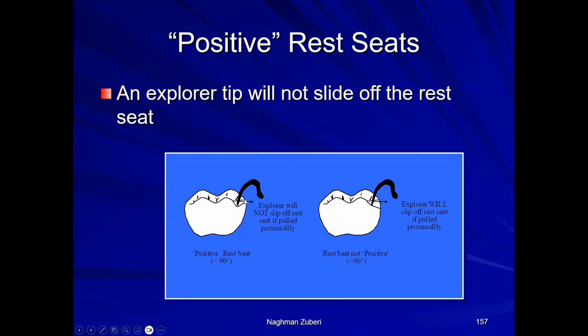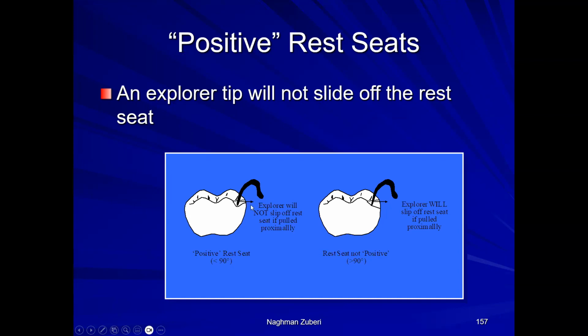I told you that the central portion should be deep, and there is one way of checking it using the explorer. You just put the explorer in the deepest portion, and without lifting it, you just start pulling it towards the marginal ridge.